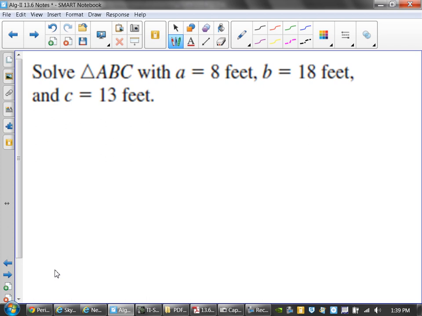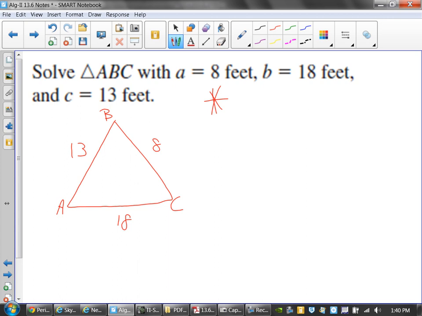So you have to learn how to, it winds up being a 3-step equation. So again, what I like to do is I start by drawing out my diagram. Let's see, little a is 8, little b is 18, little c is 13. And there is an important trick to remember when you have side, side, side.